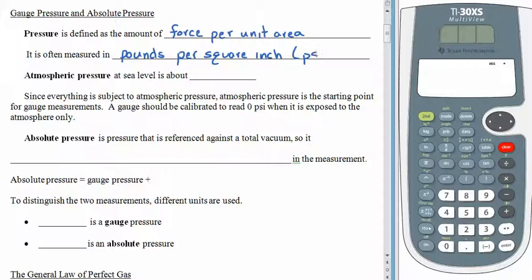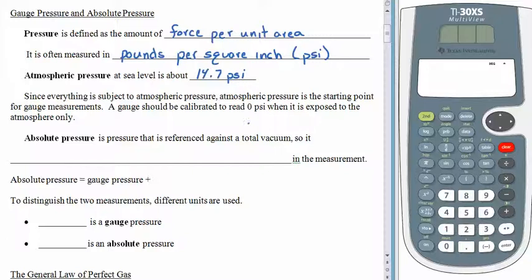On a gauge, you might see that abbreviated as PSI. If we talked about atmospheric pressure at sea level, that is about 14.7 pounds per square inch, PSI.